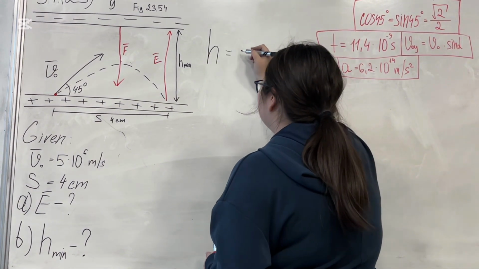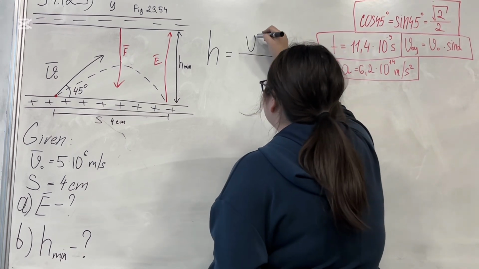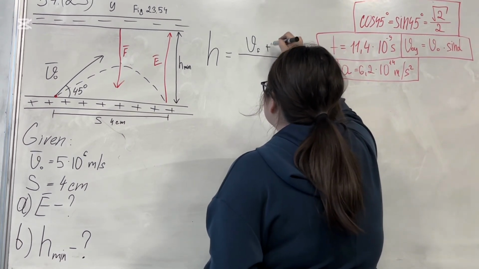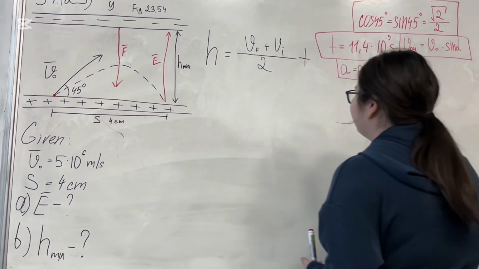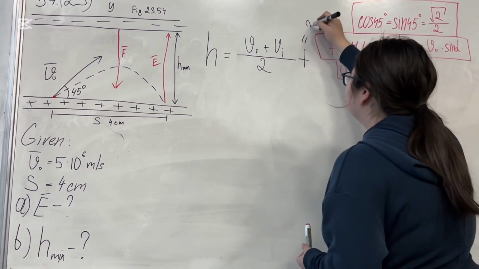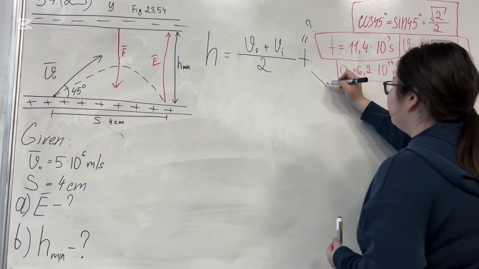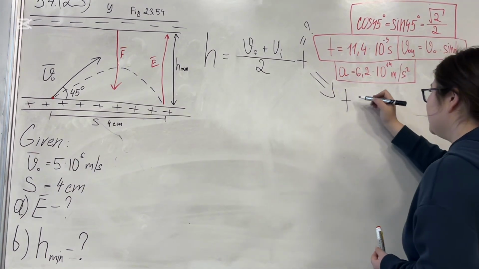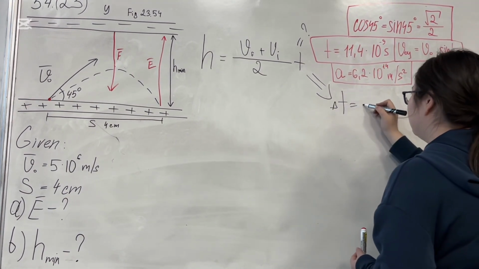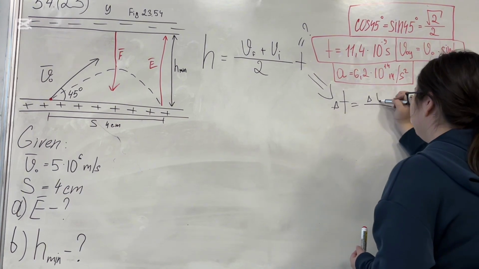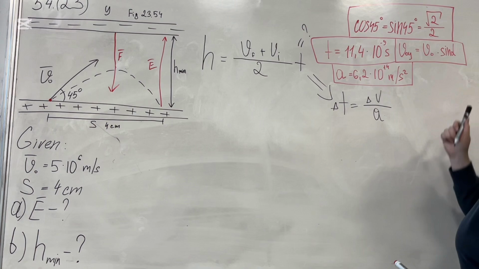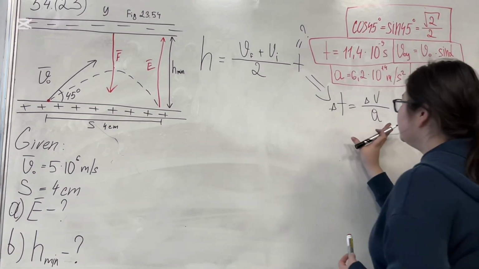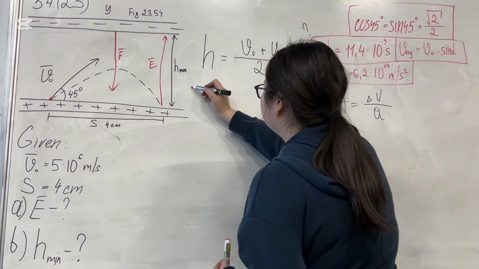We know that H is equal to V final plus V initial, divided by 2, multiplied by T. Now, we don't have T, but we can write it differently. Delta T is equal to delta V divided by acceleration, which we already found.